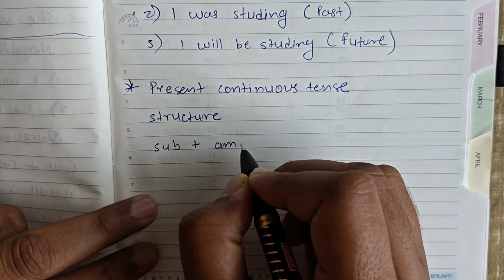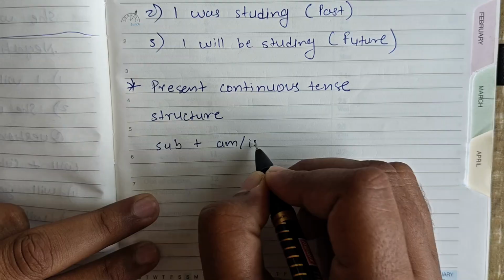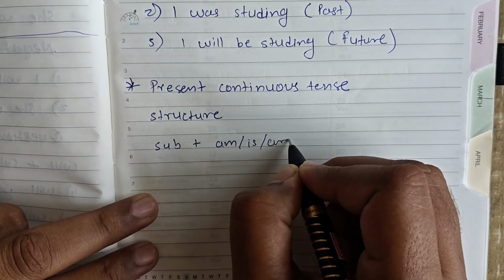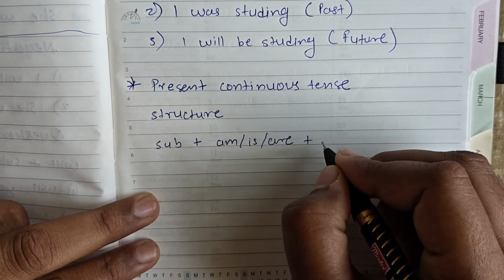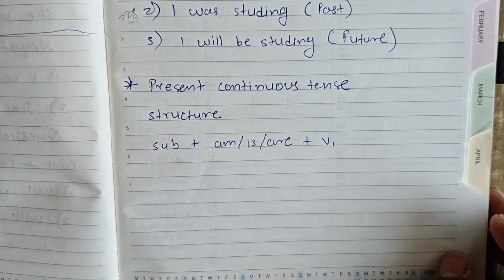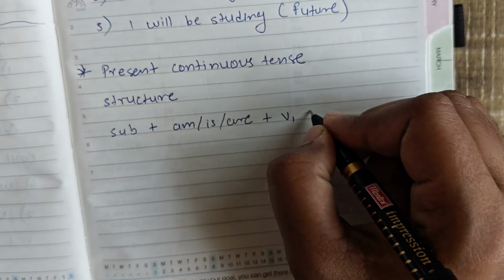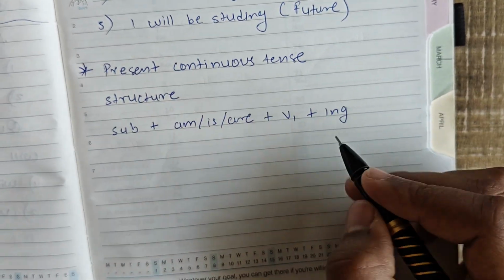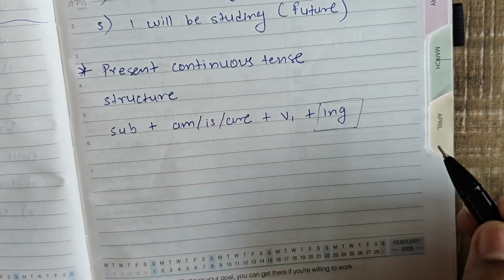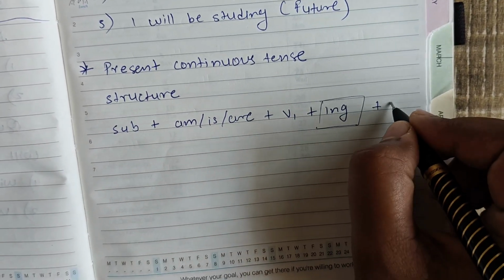These are the helping verbs we use in present continuous tense. Then the verb first form comes. Then this is the identity of the continuous tense: ing means ongoing action, and then object.